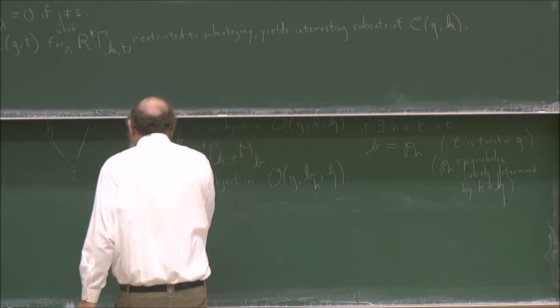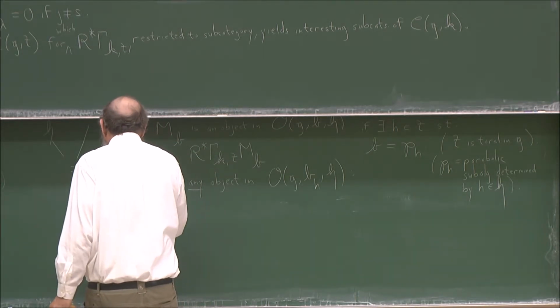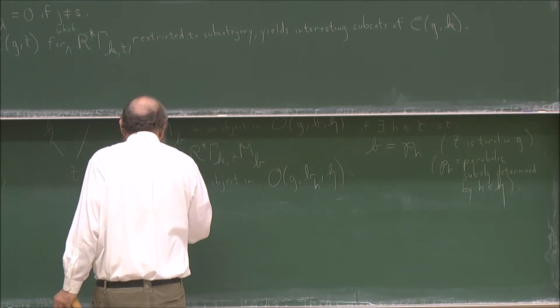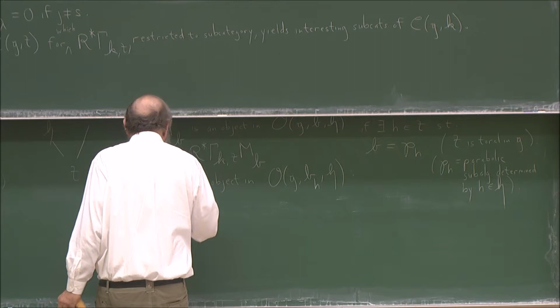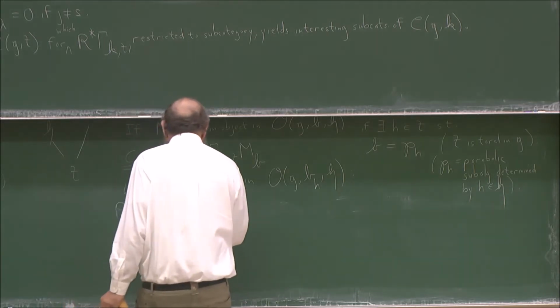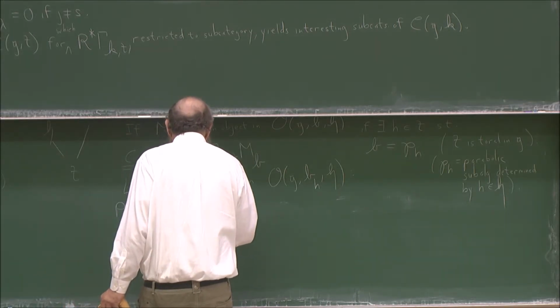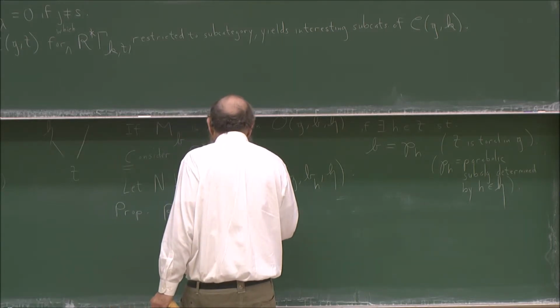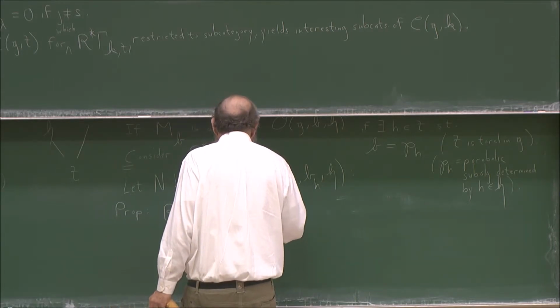And I get that R^j Gamma_{K,T} of N has finite type.